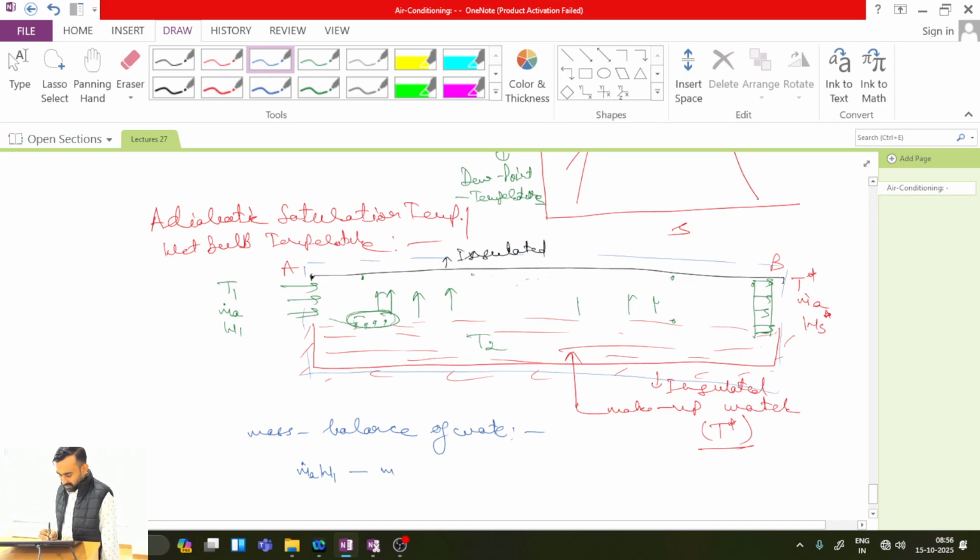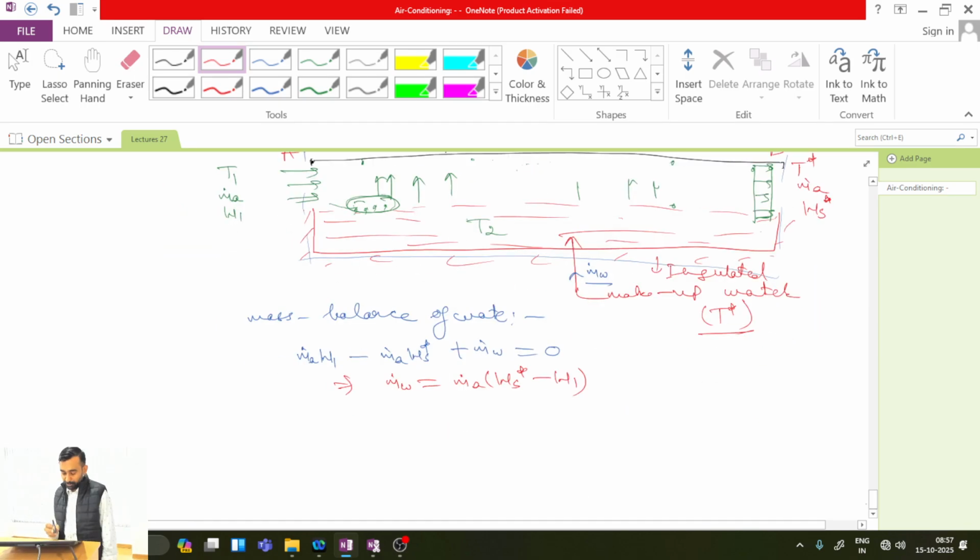Outlet flow is m dot A into Ws star. In addition to that, from here I am also supplying some makeup water at the flow rate of m dot W. So plus m dot W equals 0. So from here I will get that m dot W is equal to m dot A into Ws star minus W1.